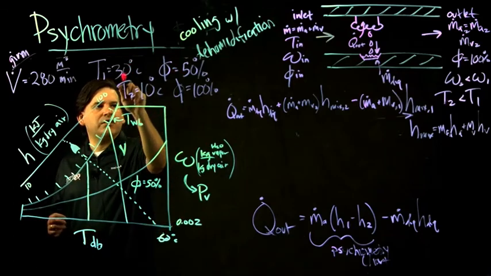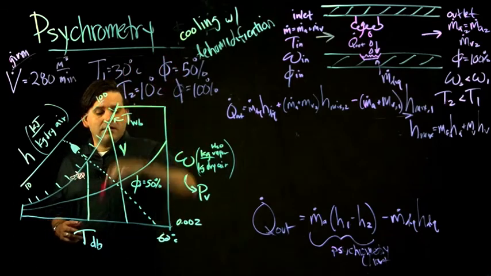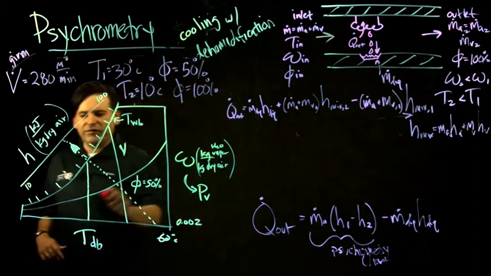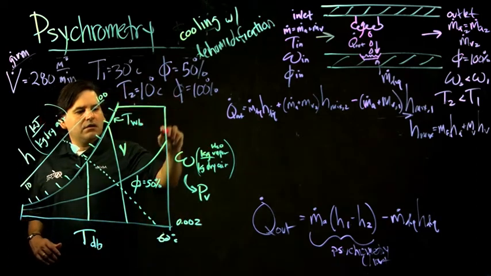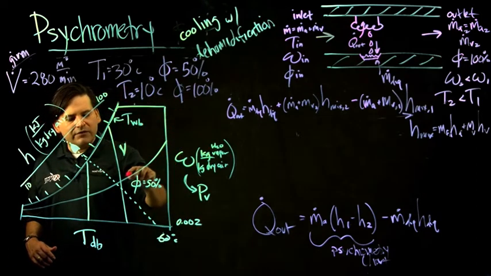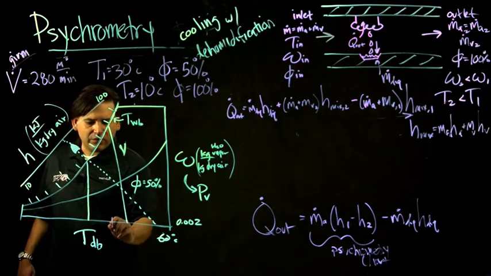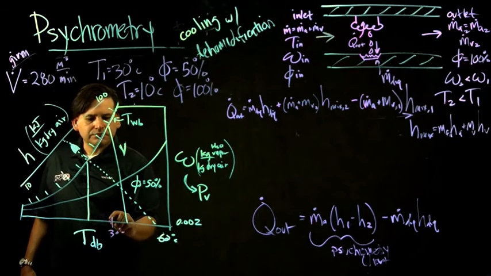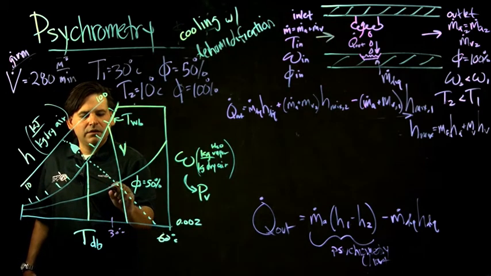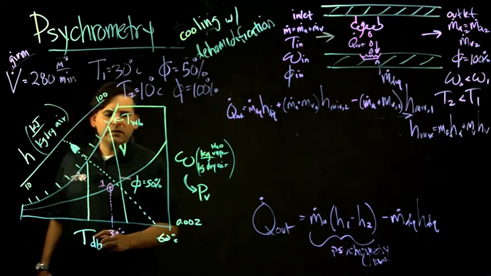So if the temperature is 30 degrees Celsius, the relative humidity is 50. I said that this is the 50 line here. So somewhere along this line, we have our state. I would say 30-ish is around here. So state 1 is somewhere right here on this chart.